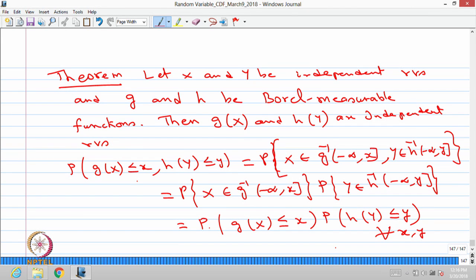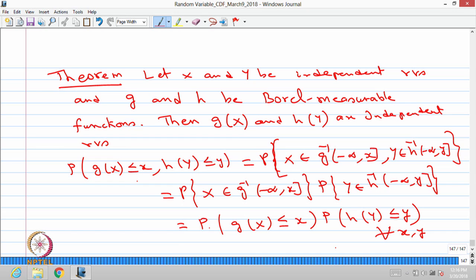This is a very important result. Whenever you have independent random variables, if you create Borel measurable functions of those independent random variables, those are also going to be independent random variables.